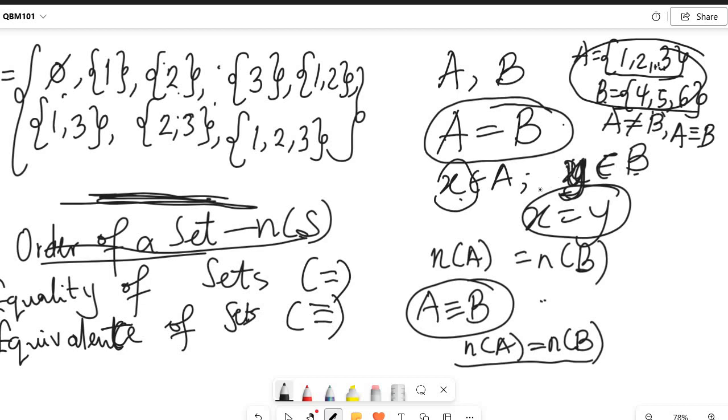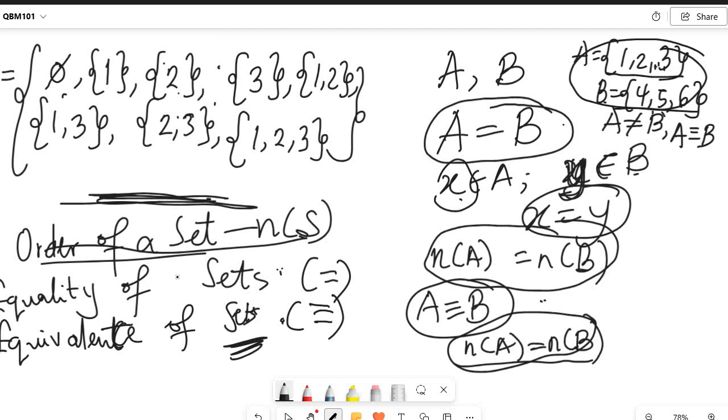Okay, so I'll say it again. For the equality of two sets, or three sets, or four sets, as many as it may be, if sets are equal, their elements must be the same. And if their elements are the same, definitely their cardinalities will be the same. So the cardinality condition, although found in both definitions, necessarily satisfies equivalence but does not necessarily satisfy equality.